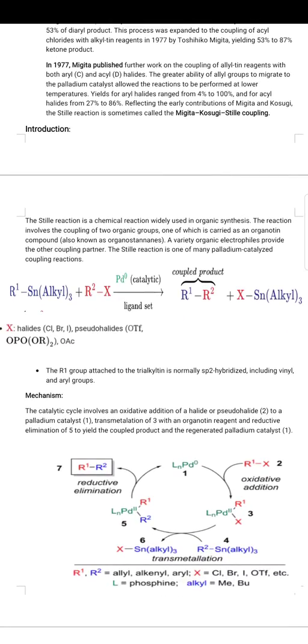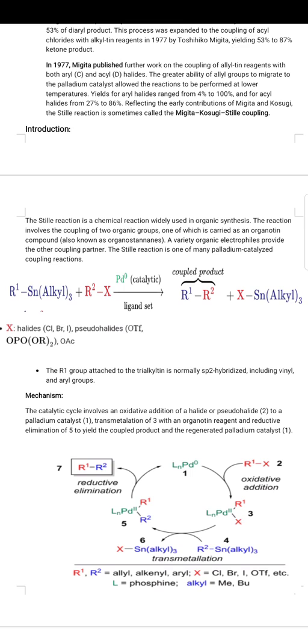Moving toward the introduction of the reaction. Basically, the Stille reaction is a chemical reaction which is widely used in organic synthesis. The reaction involves the coupling of two organic groups, one of which is carried as an organotin compound, also known as organostannane. A variety of organic electrophiles provide the other coupling partner. The Stille reaction is one of many palladium-catalyzed coupling reactions.